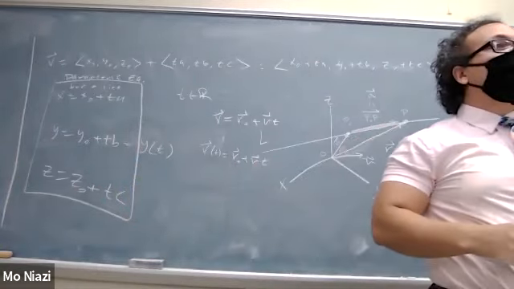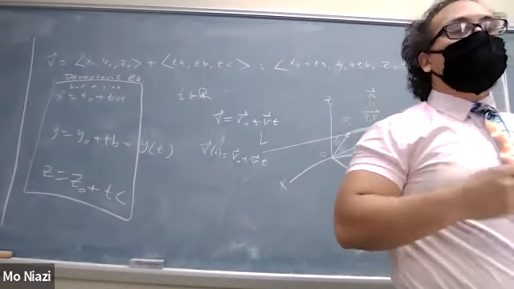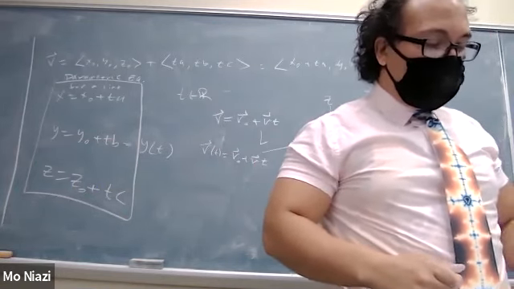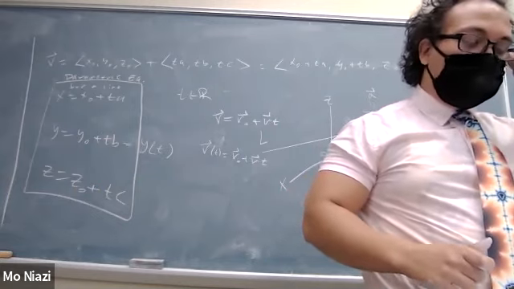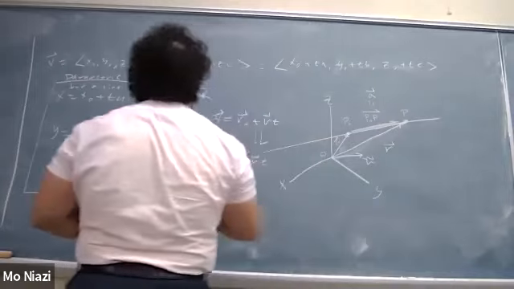Making sense? Good. The more this makes sense, the easier doing problems with this stuff will be. Now that we've discussed that these are the parametric equations, let's apply them to a real problem with real numbers.